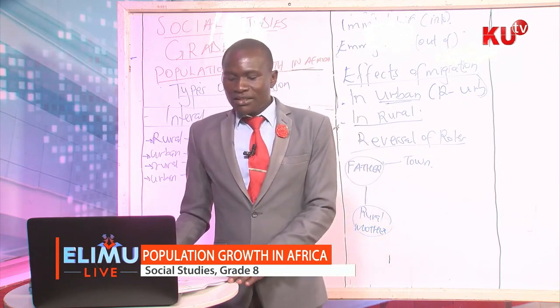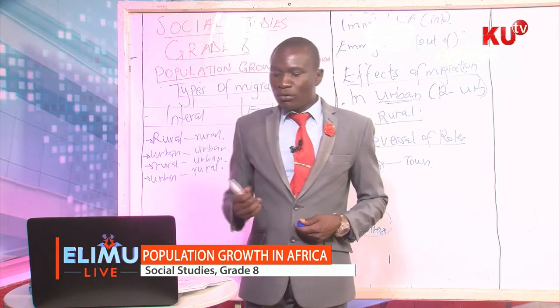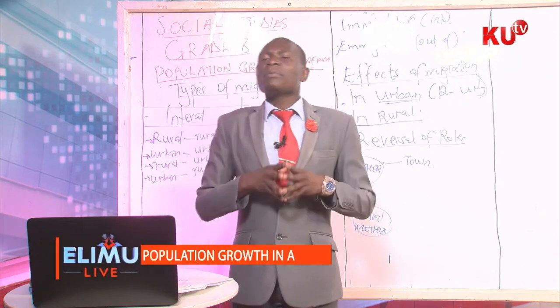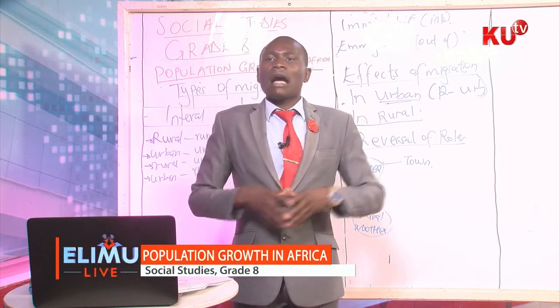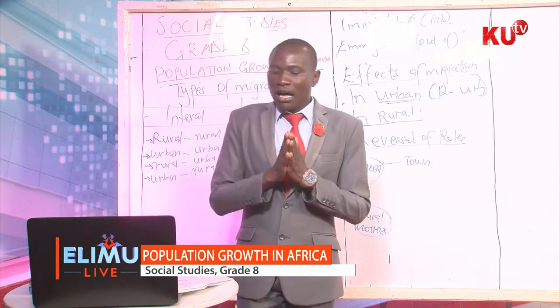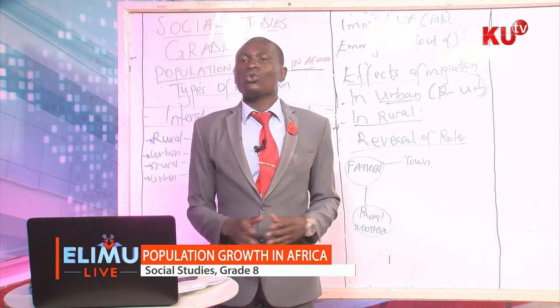Then also the last effects are improved agricultural production and improved economic conditions. If many people move into urban areas, then in rural areas we are going to have improved agricultural production because now the land will be put into use.